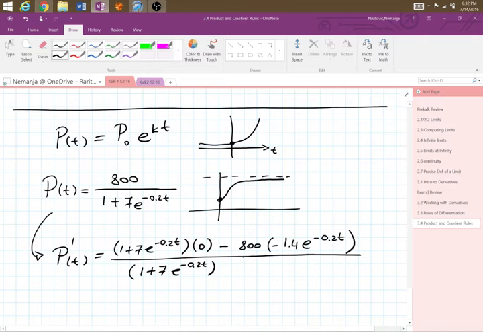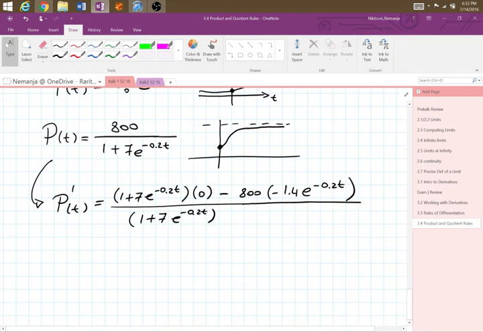So the whole first term drops because it's times 0. We have a negative times negative is positive. So population at any time t is going to be 800 times 1.4 is 1120, and then 1 decimal place.